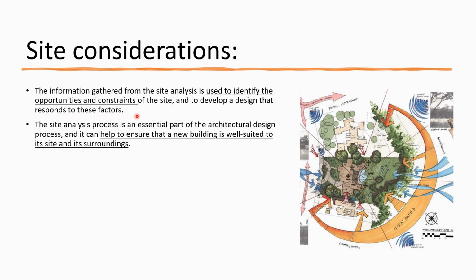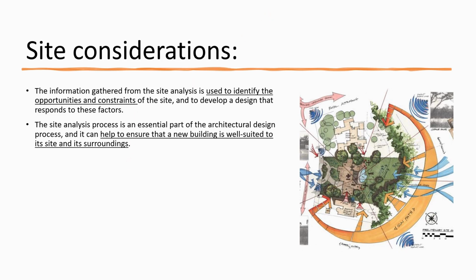So site analysis helps us see the good and bad parts of the place so we can design a building that fits well. It is a crucial step in designing a building to make sure it matches the surroundings, because it helps ensure that a new building is well suited to its site and surroundings.